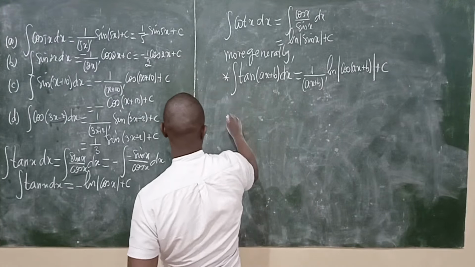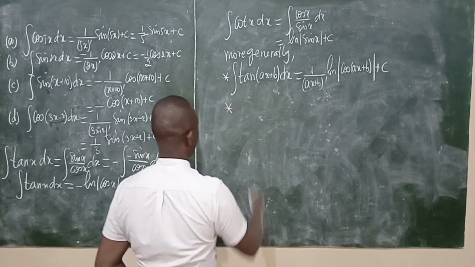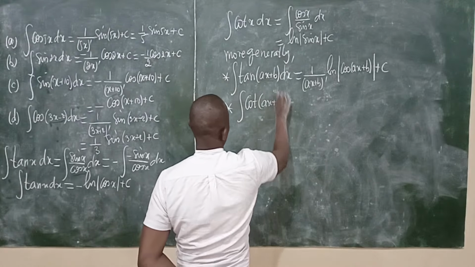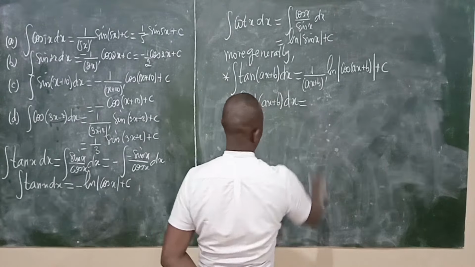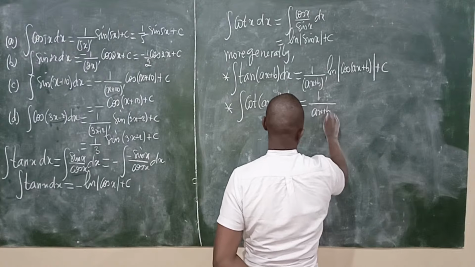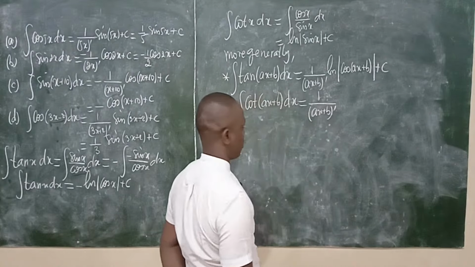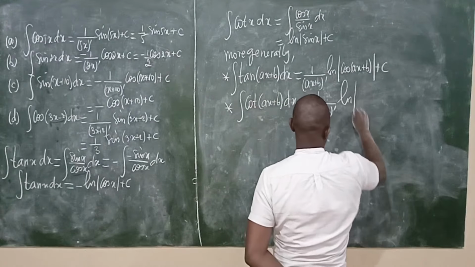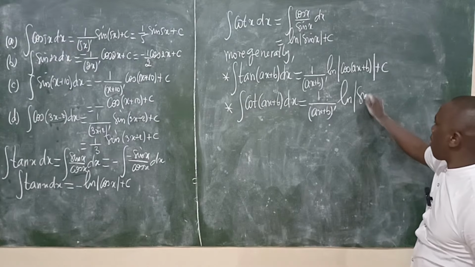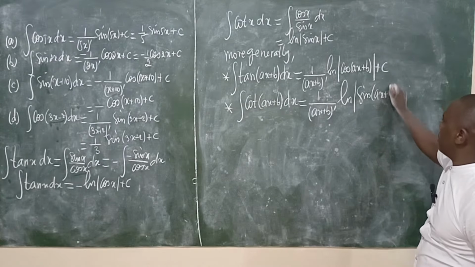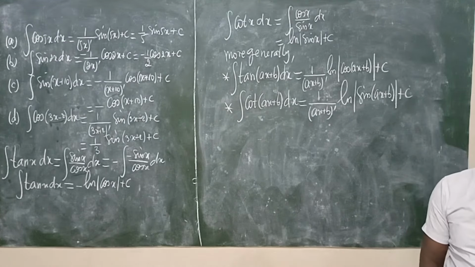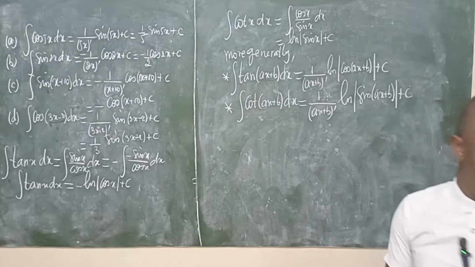This is 1. 2. The integral of cot of ax plus b dx is equal to 1 by the derivative of ax plus b, where prime means the derivative, times the natural log of the sine of ax plus b. Then we add the constant of integration.